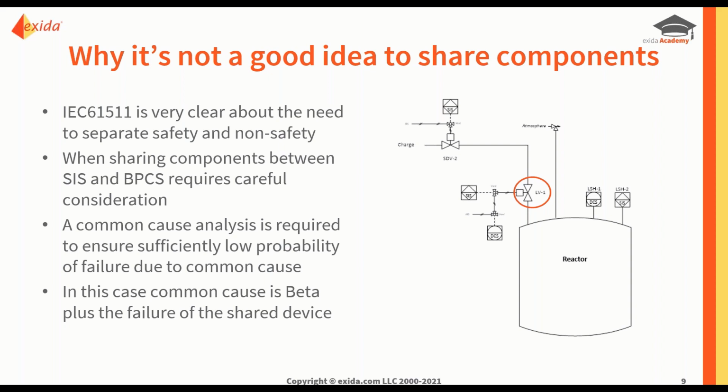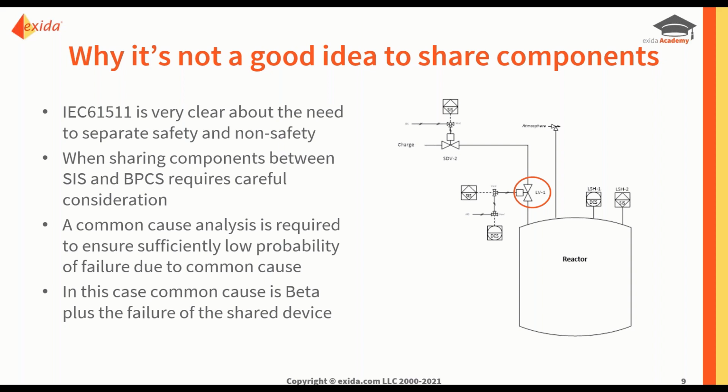And the other thing is, if the LV1 was to fail, it would certainly reduce the reliability of the SIS, because that particular SIF is not going to be effective, and it may also place a demand on the SIS itself for the SDV2 that would need to be closed.